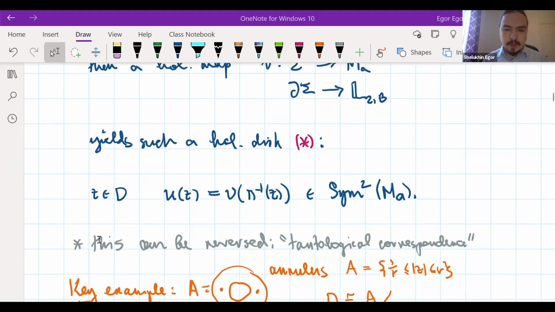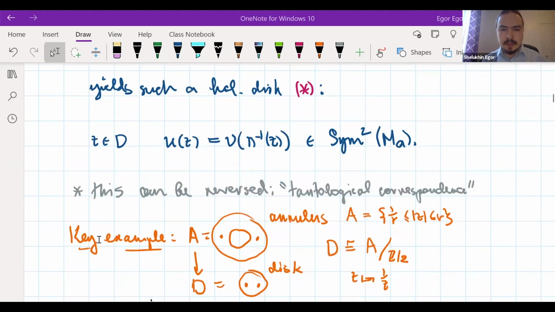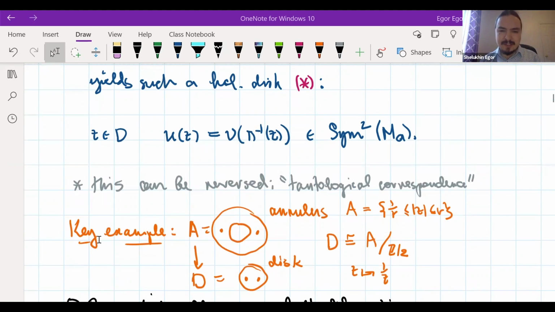In fact, there is a certain correspondence, the tautological correspondence, between these two kinds of maps. And perhaps the key example is that the annulus can be presented as a branched cover of the disk of degree 2 with two branch points. Because we can think of the annulus as the annulus between two circles of radius r and 1 over r.